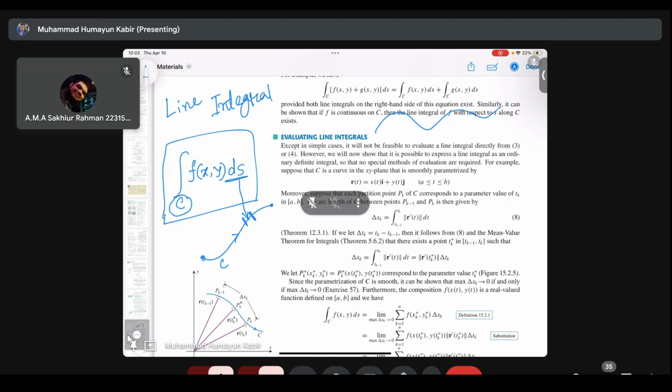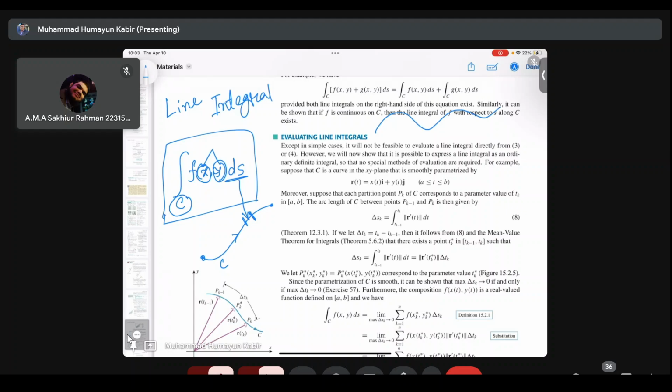In that case, we must consider the most convenient one, which is the first possibility. The first possibility is we want to transfer these two variables to a single variable. And how can we do that? We can do that if we use parametric equations.